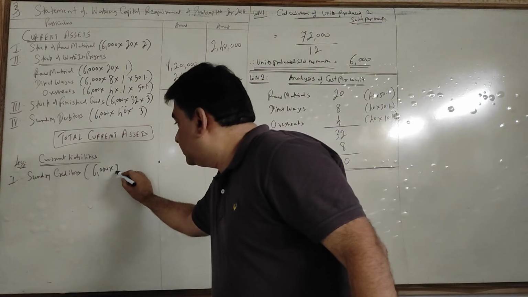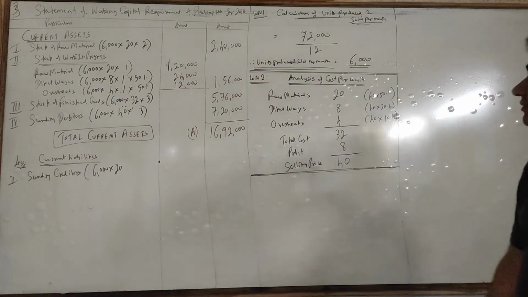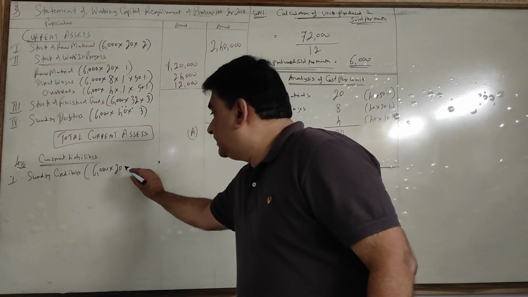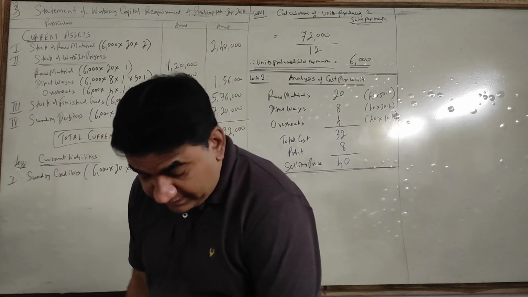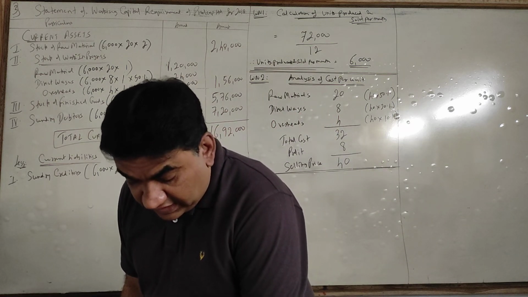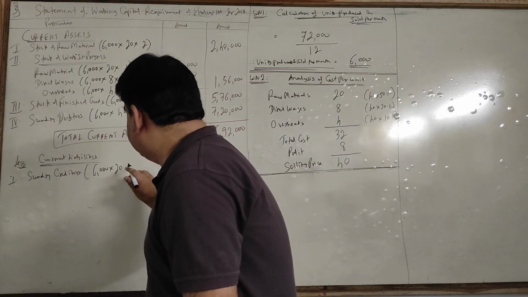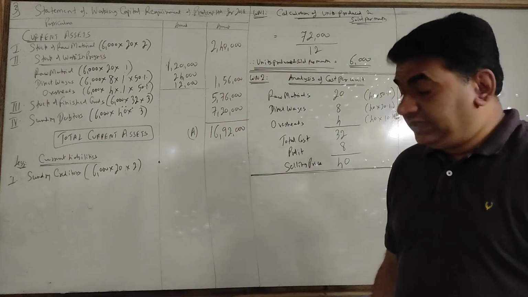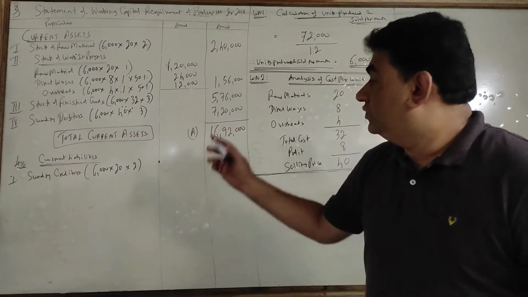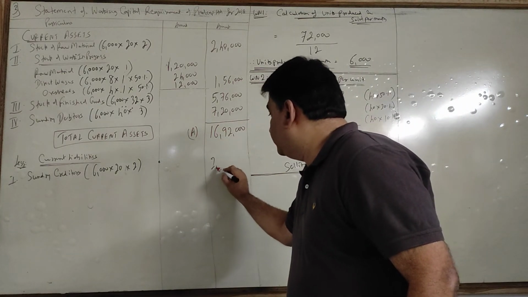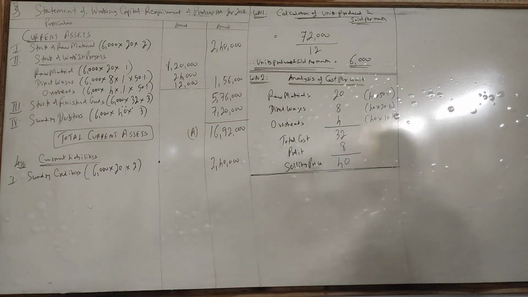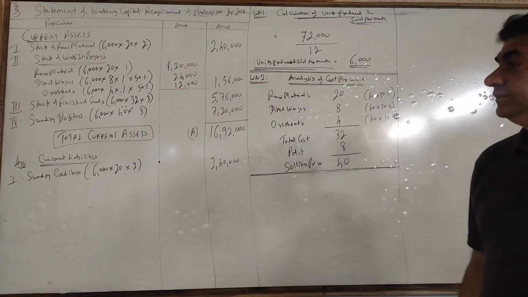So this I will multiply by the cost of material, and this you will multiply by the period allowed by the supplier or creditors, which is 2. So 6,000 into 20 into 2, you will get 120 into 2. That is 2,40,000. Getting it?